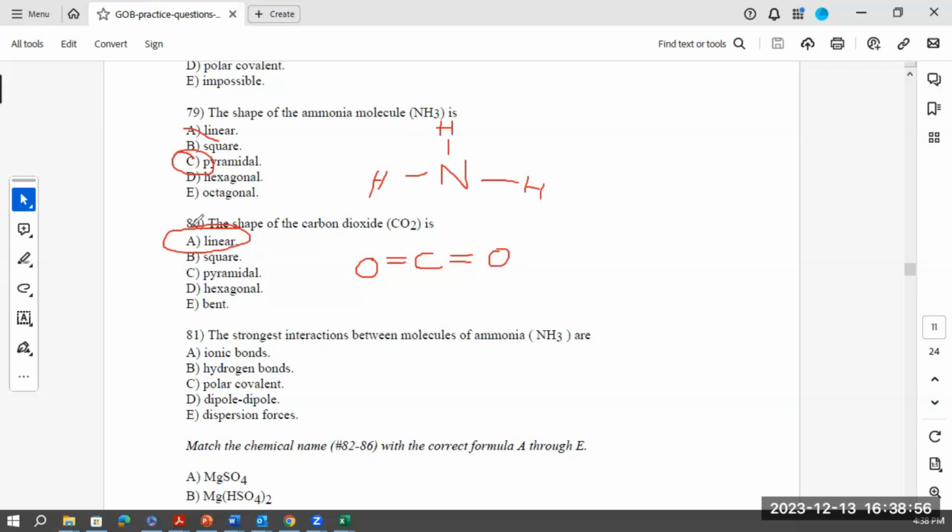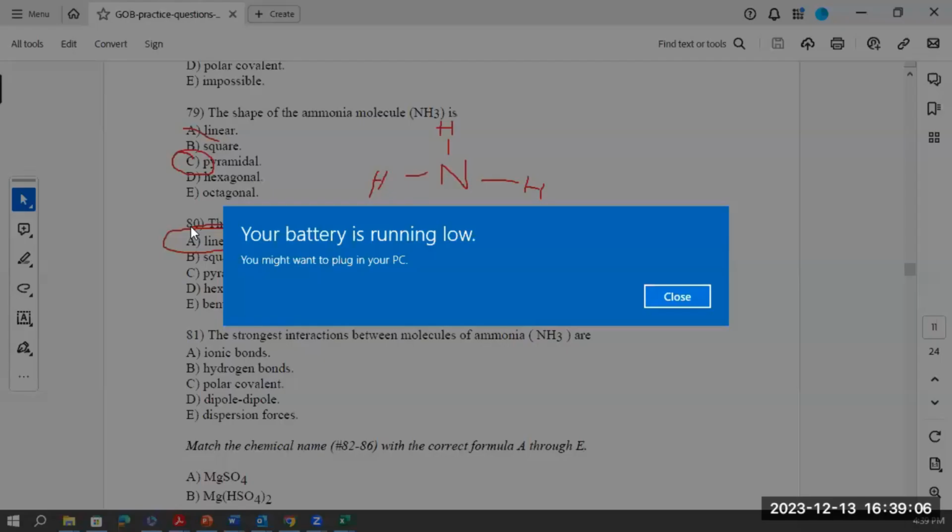Okay. The strongest interaction between molecules of ammonia is A, ionic bonds, B, hydrogen bonds, C, polar covalent bonds, D, dipole-dipole, E, dispersion. We didn't get a chance to talk about this. It was in the chapter, but we really didn't talk much about it, so I'm going to give you a hint.